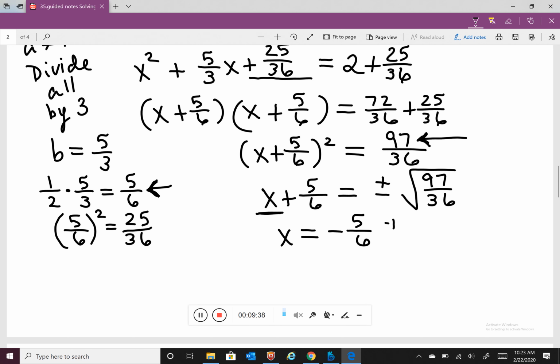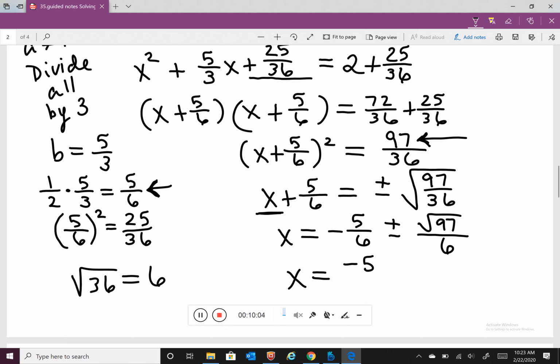And then notice, we can apply our quotient rule for radicals. The square root of a fraction is equal to the square root of the numerator over the square root of the denominator, but the square root of 36 is 6. And notice, very powerfully, we now have common denominators of 6.